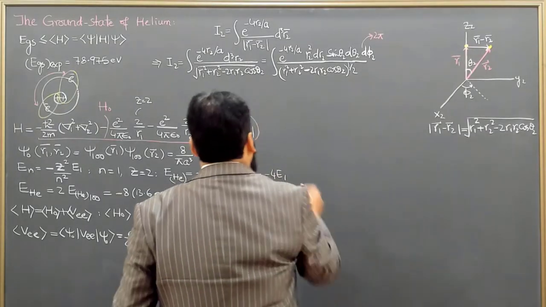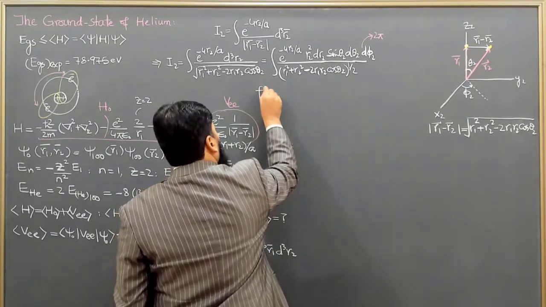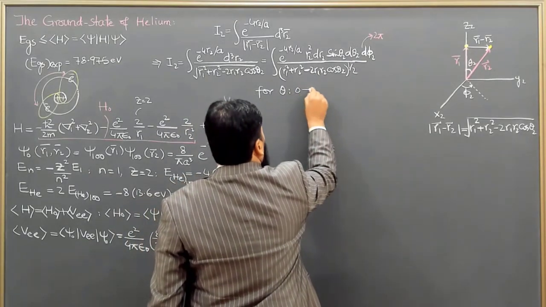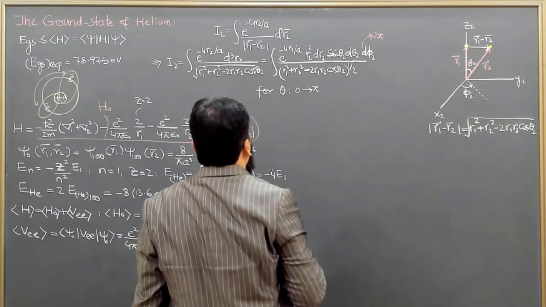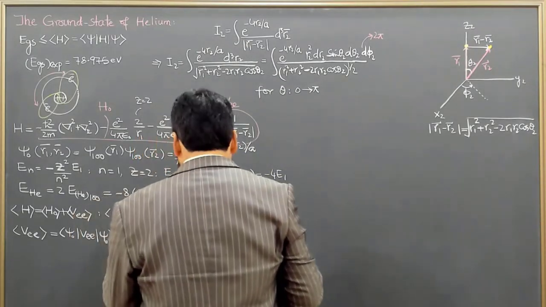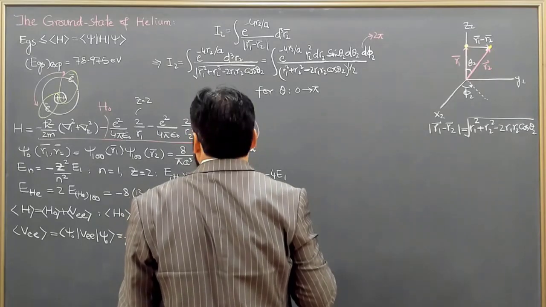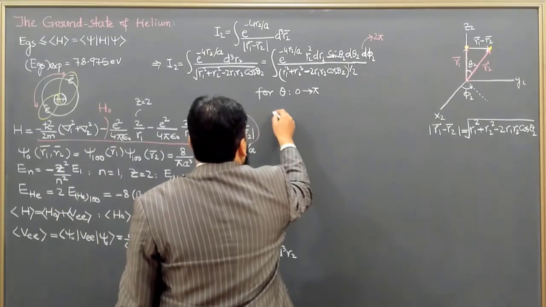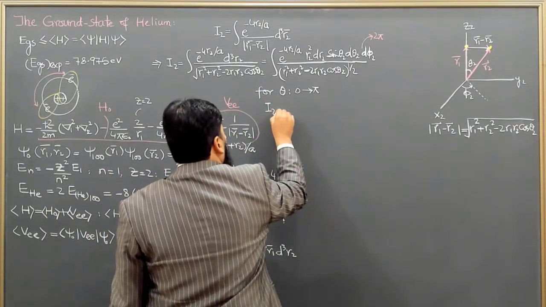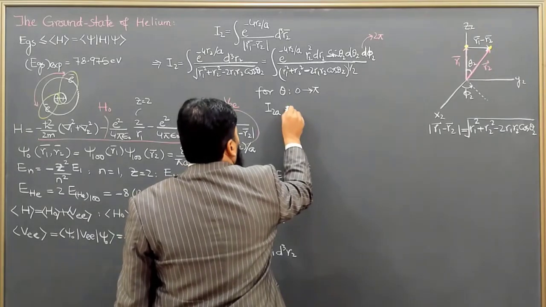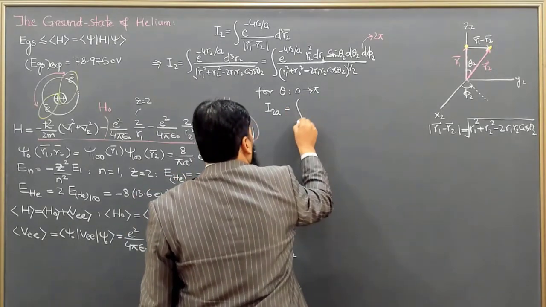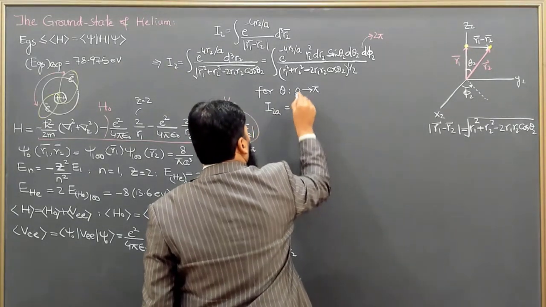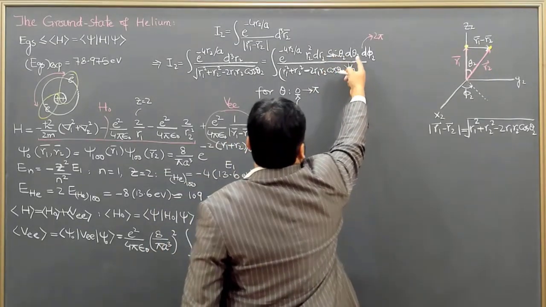For the theta integral, I know that theta is running from 0 to pi. So if we call this part of I2 as I2a, then we have from 0 to pi, and only write sine theta d theta.